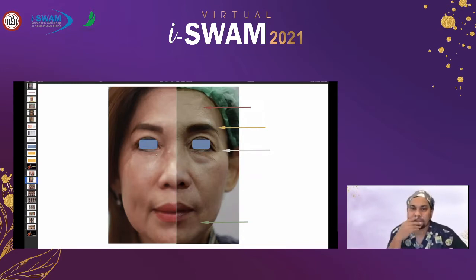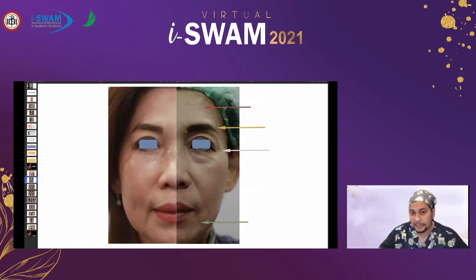And then this is another case. On the right side is the previous condition, and the left side is 2 weeks after. You see how the tiny lines are gone. Of course, the deep wrinkles are also gone when she makes expressions.